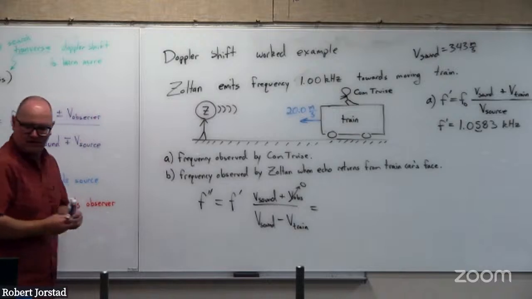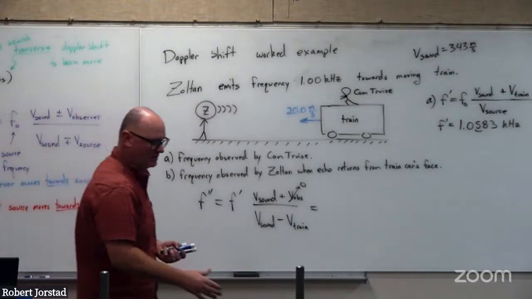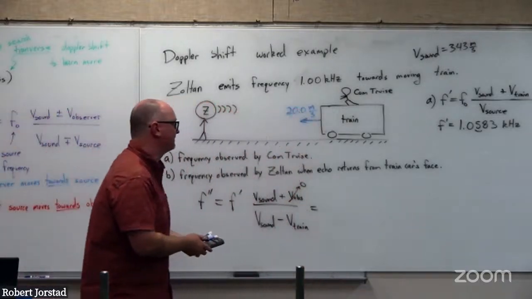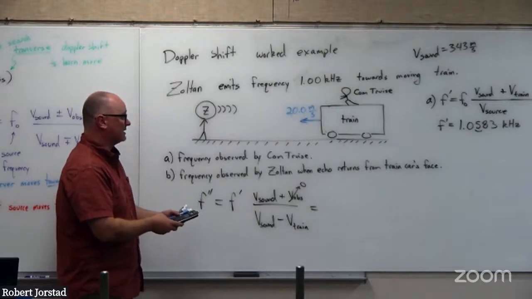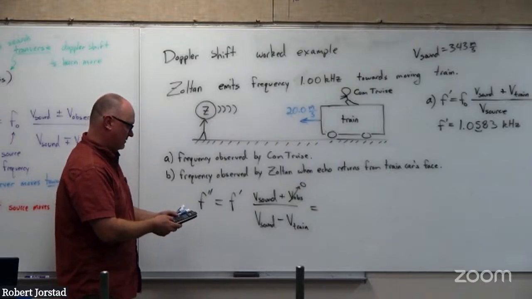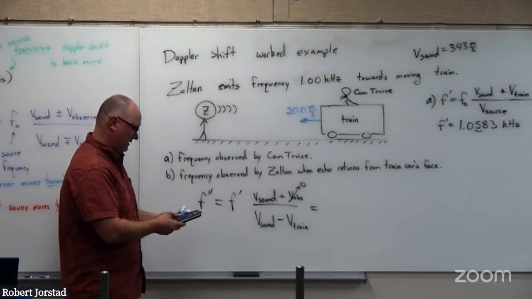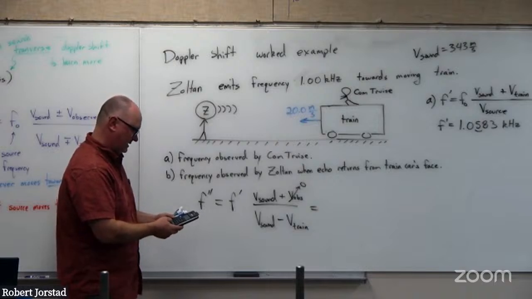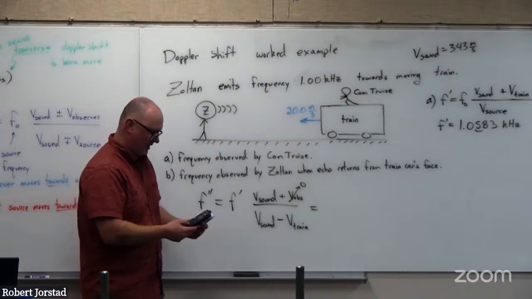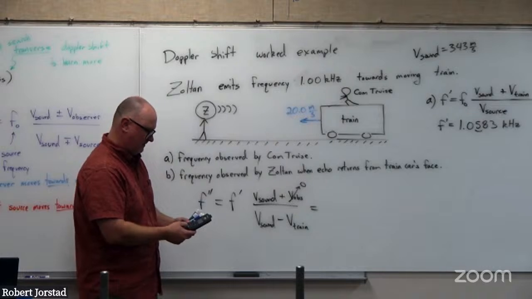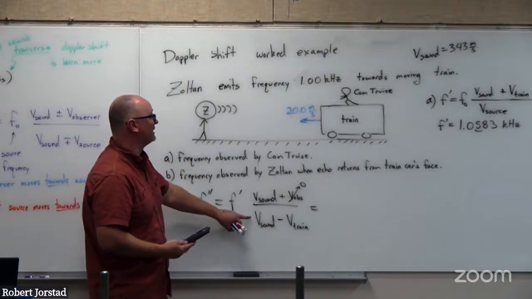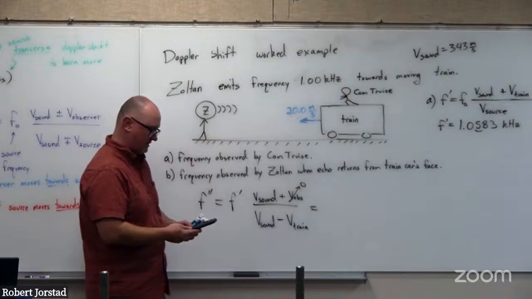So now let's go ahead and punch this in. That answer times 343 divided by, wait, no, I almost screwed up. 343 minus 20, because they're coming together.